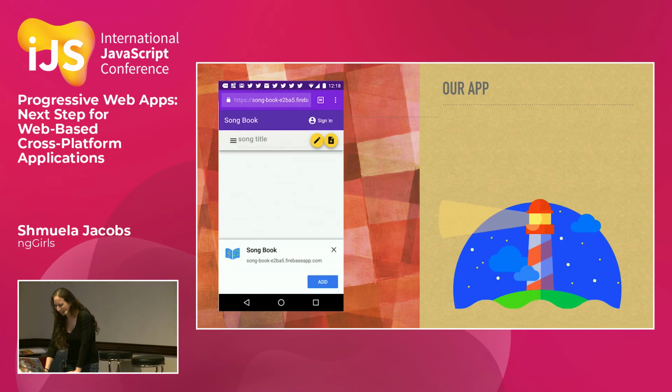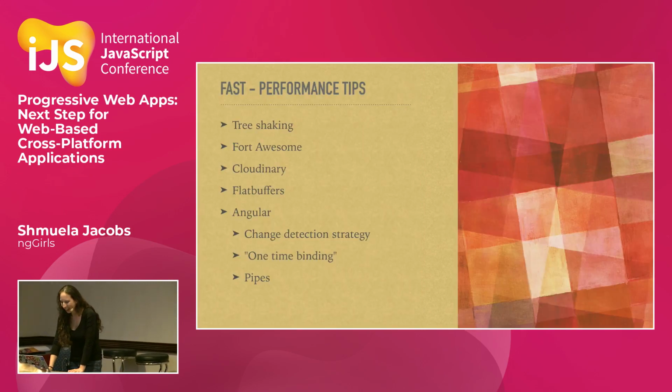But I think it's not performant enough. There are more performance tips, but we ran out of time. But I'll just mention them, so you will either ask me later or look for what you can do about this.